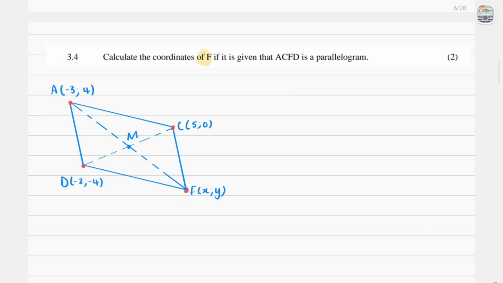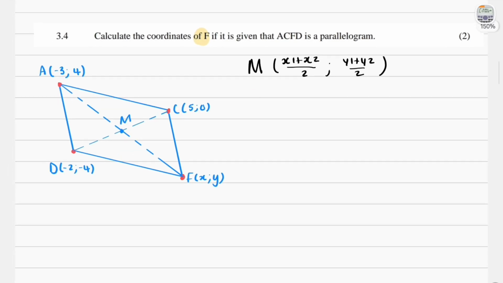Okay, so like this. And let's go ahead and find that midpoint. So we'll find the midpoint using DC. Here is our midpoint formula first. Okay, so now the midpoint of DC will be found by saying 5 plus -2, which just becomes 5 minus 2 over 2, and then 0 plus -4, which is just 0 minus 4 over 2.